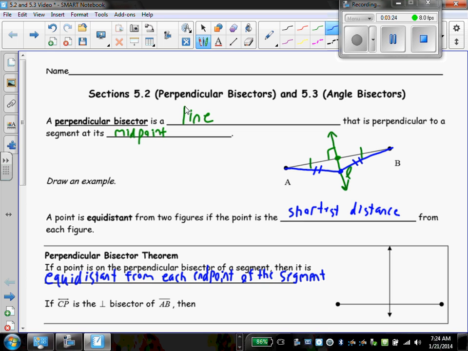Another way to say it is, if CP, so let's put some points on the segment here.